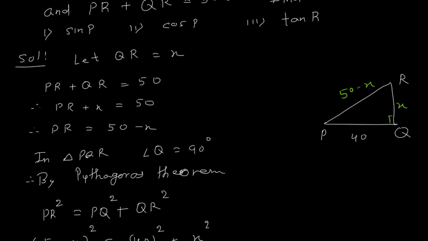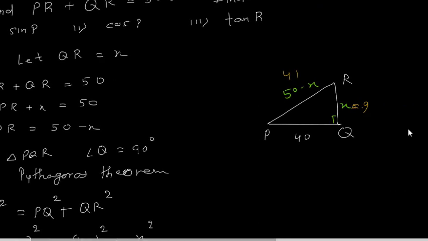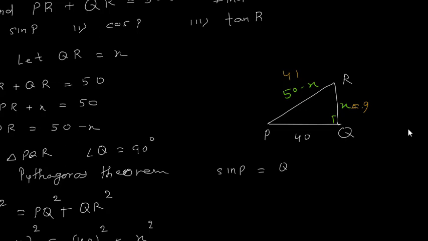This value is 41 and this value is 9. So the value of QR is 9 and the value of PR is 41. Now we can easily find the values which are asked. First it is asked to find the value of sin P. Now sin P is opposite side, which is QR, upon hypotenuse, which is PR.